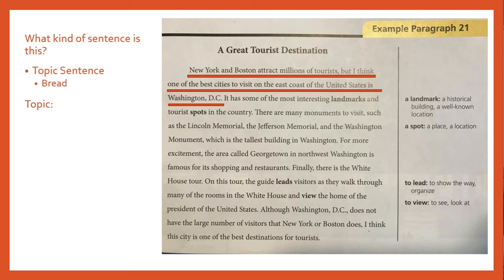If we recall from our discussion about topic sentences, the topic sentence has 2 parts. One, it identifies a topic, and then it also has a controlling idea.